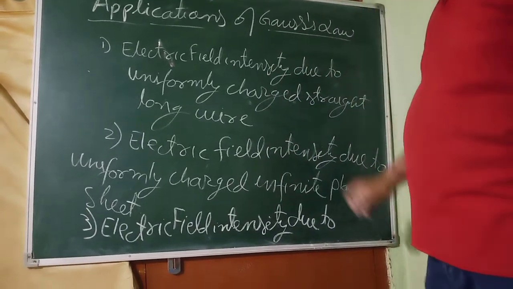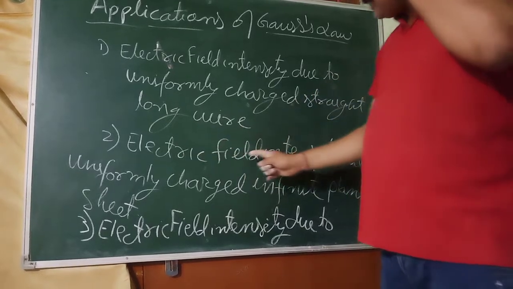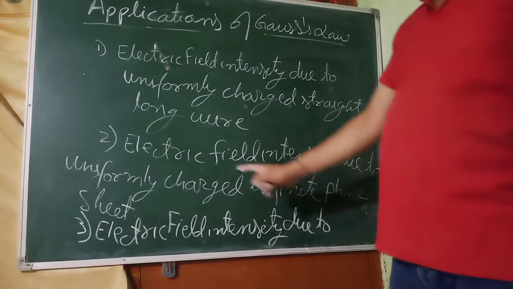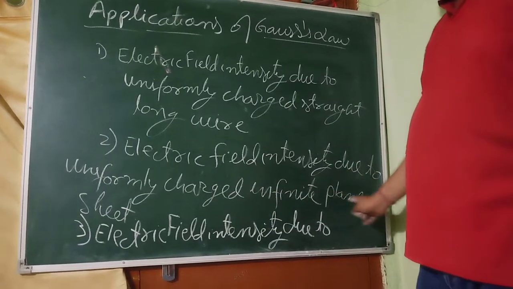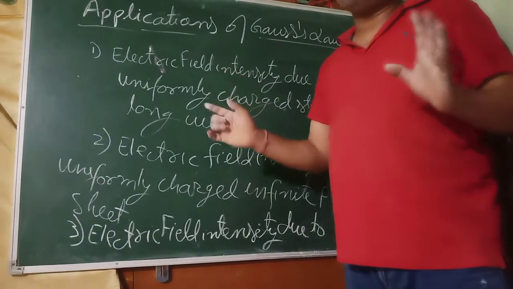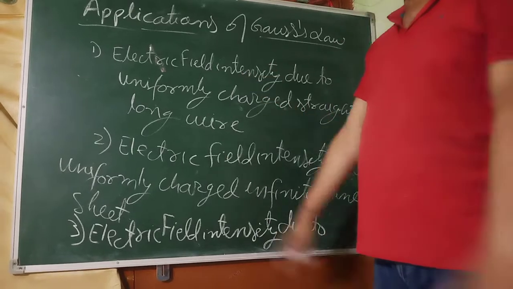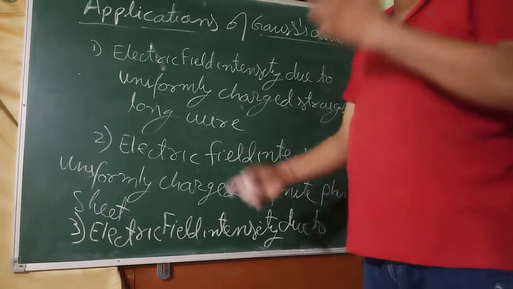Okay, no problem. Next is electric field intensity due to a uniformly charged infinite plane sheet. So there is an infinite plane sheet and it is uniformly charged. We have to find out the electric field due to it.